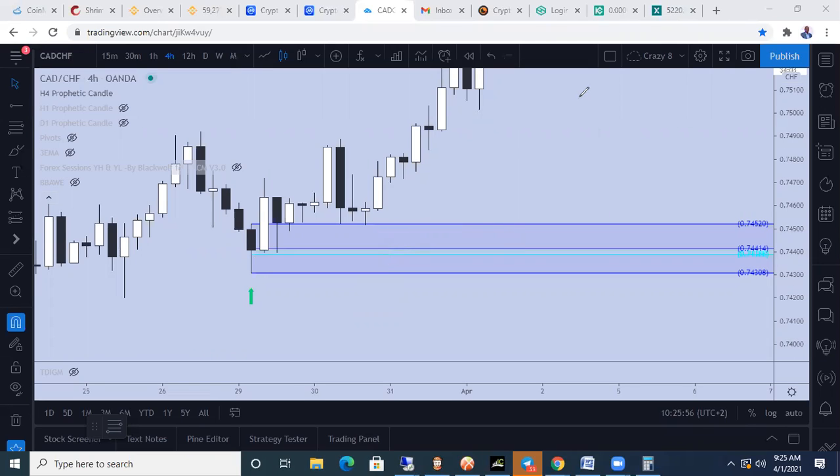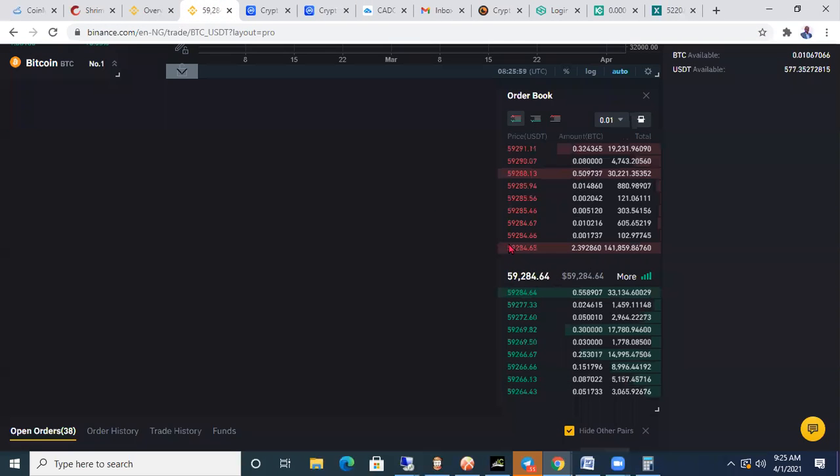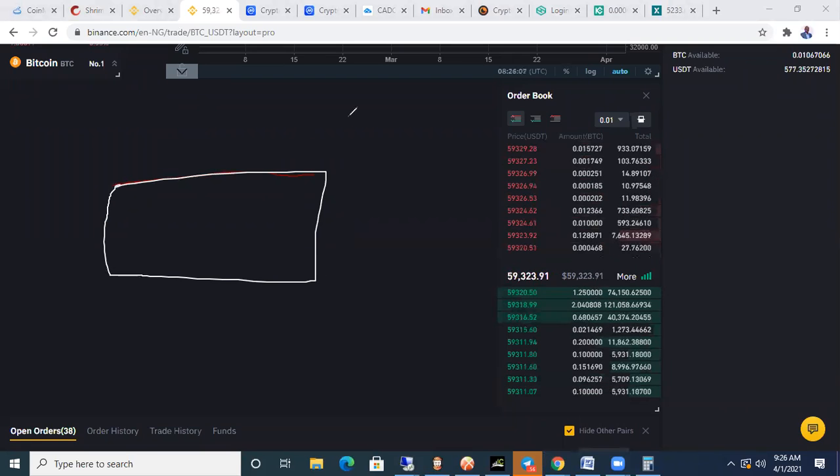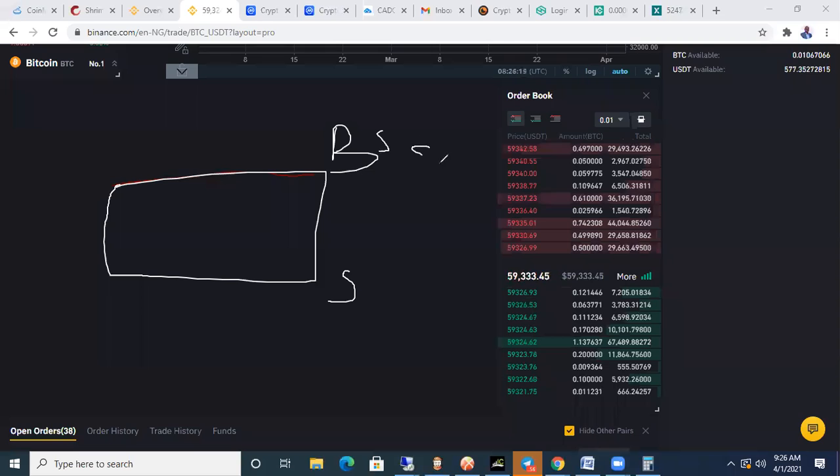And if you followed me closely, when I tried explaining what these blocks were, I told you that you have buyers and sellers here. You have buy stops, and you have people who sold who also have their stop loss here.